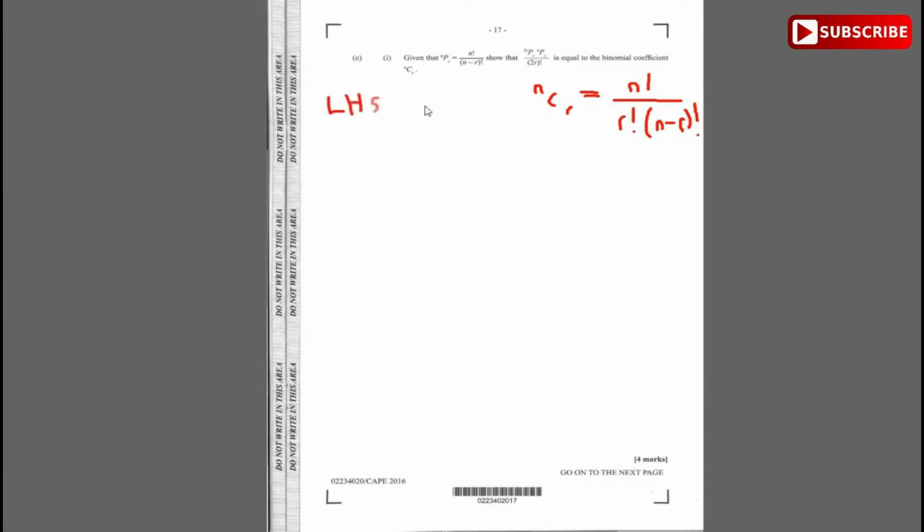Let's zoom in a little bit. So our left-hand side is 2r permute r multiplied by n permute r over 2r factorial.